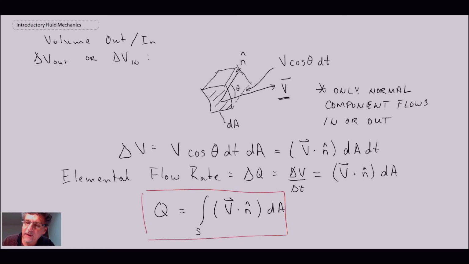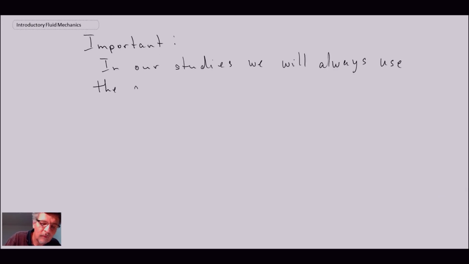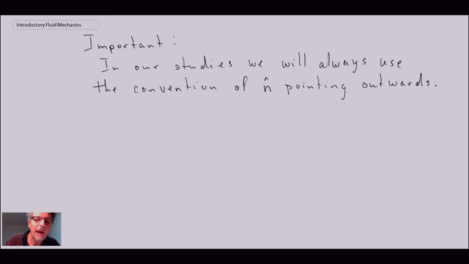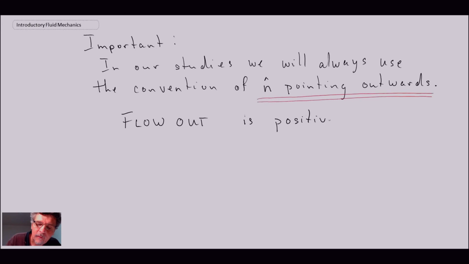Now there is one thing that I should say here. In our studies we will use the convention of n pointing outwards. n will always be pointing outwards. And what does that mean? What that means is flow out of a surface is positive and flow in is negative.